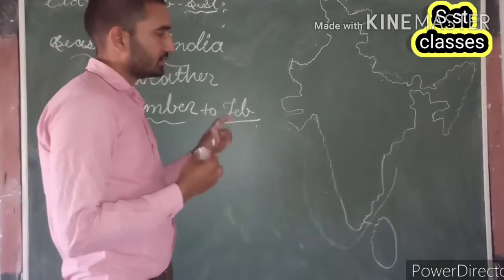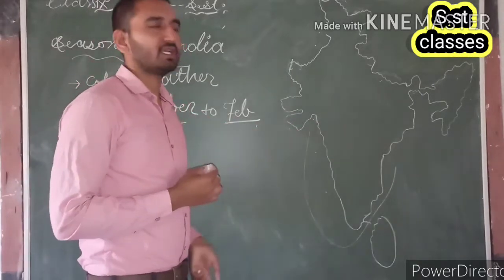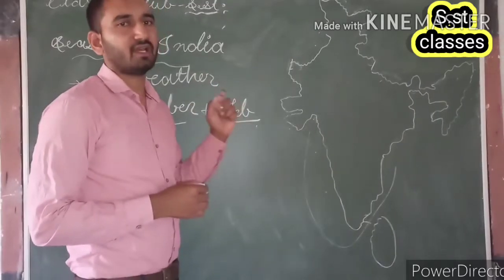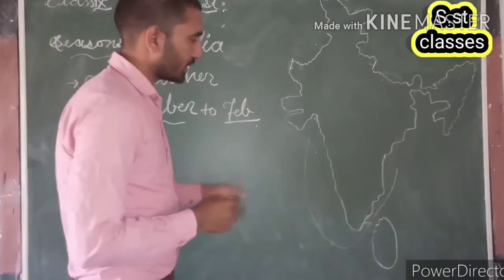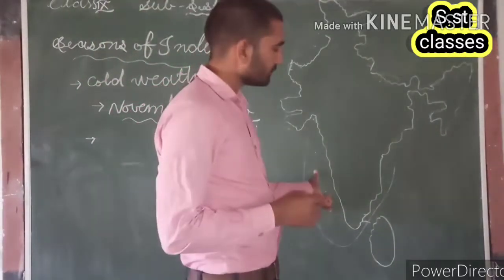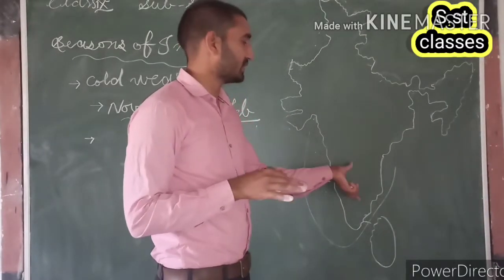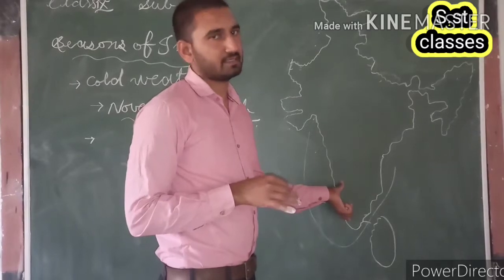In this way, this southern or peninsular part of the country has a moderate effect of the sea. So in this part, comparatively high temperature is generally present during the cold weather season.